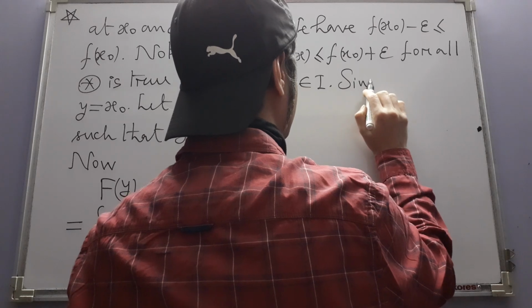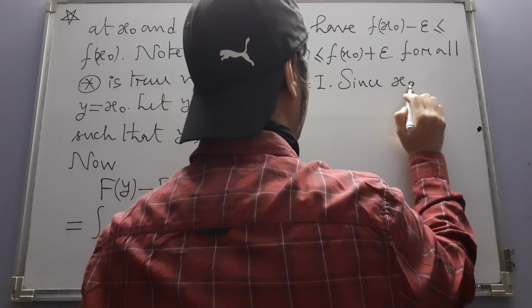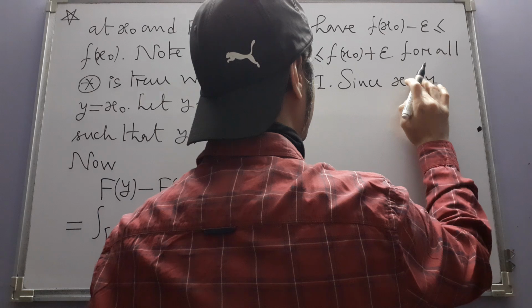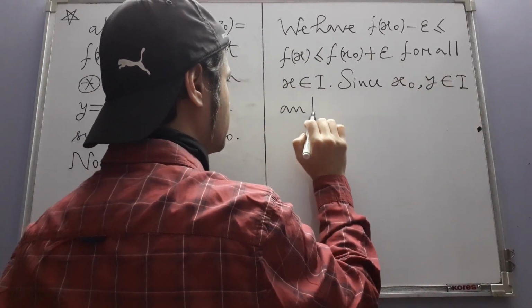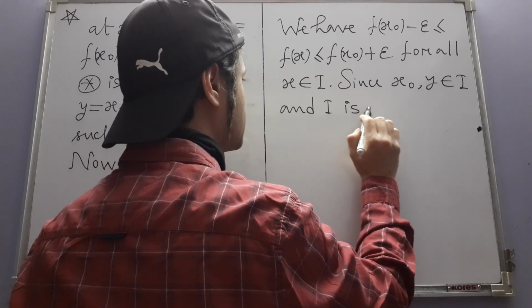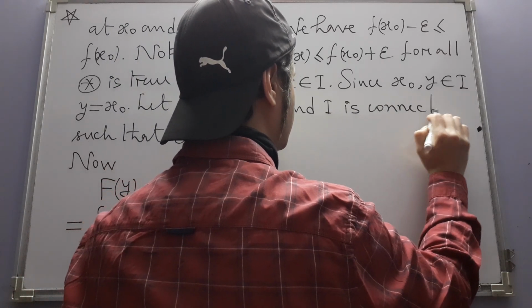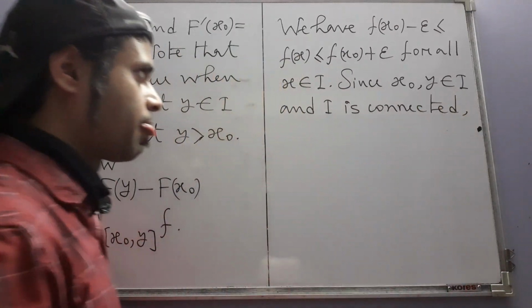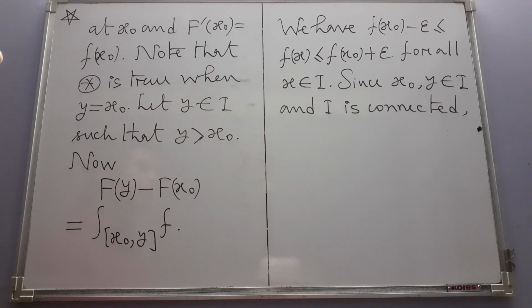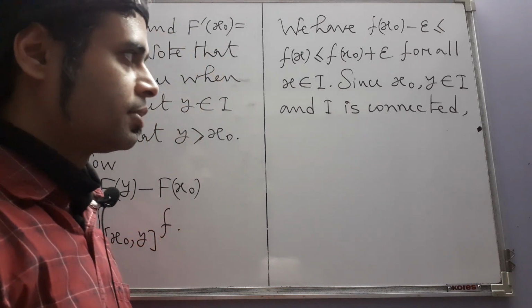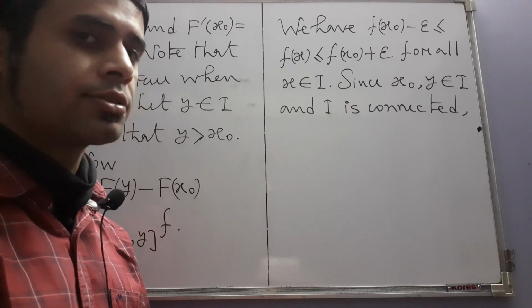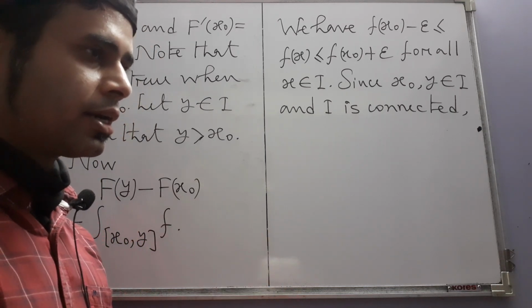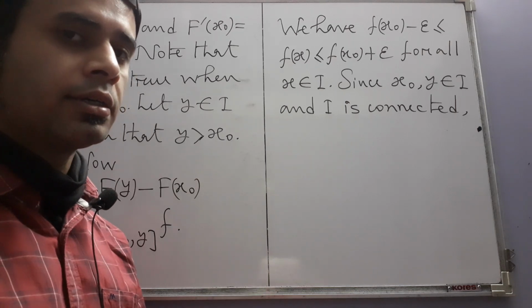Since x naught and y both belong to I and I is connected, the reason for I to be connected is that I is the intersection of two closed intervals and they have an intersection, a common point, which is x naught. And because of that, the intersection is connected, it's not a disconnected set.